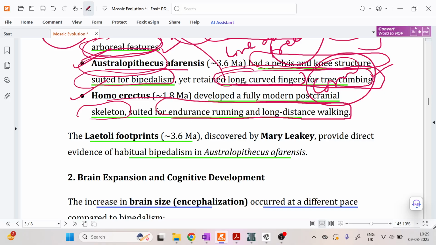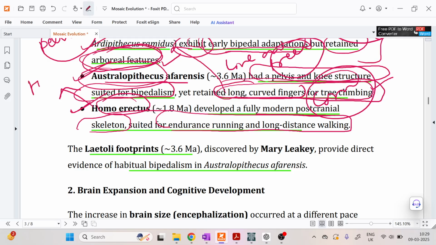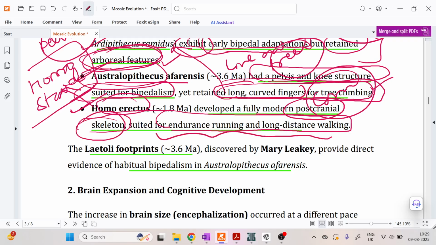So here, as the third example regarding bipedalism, you can give Homo erectus. As the name suggests, it stands for the Homo species, the hominin that stood completely on two legs, and it developed the postcranial skeleton that was needed for endurance running and long distance walking, and yet it was way different from Homo sapiens.